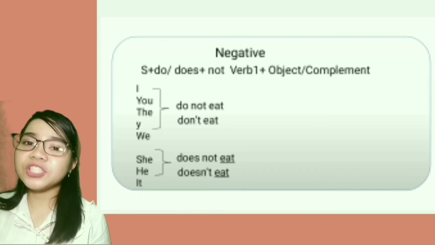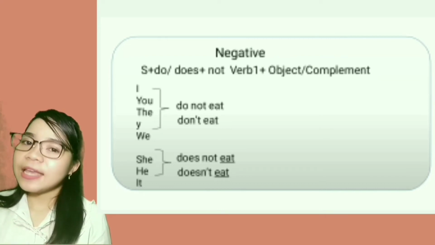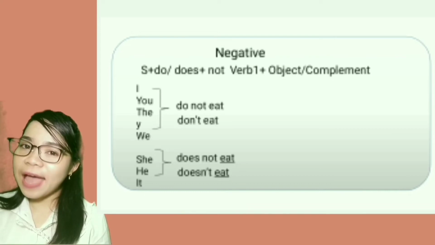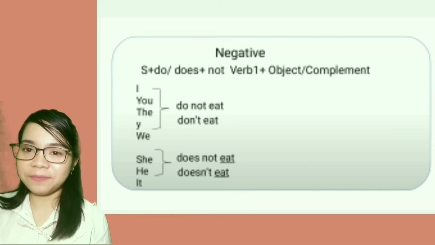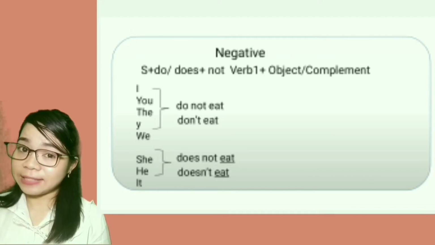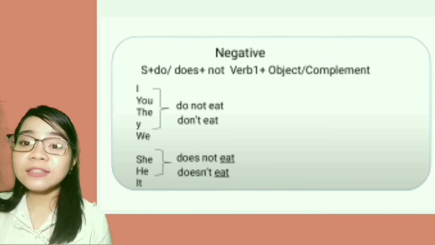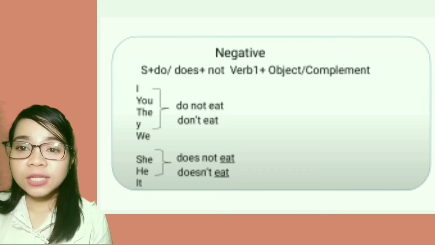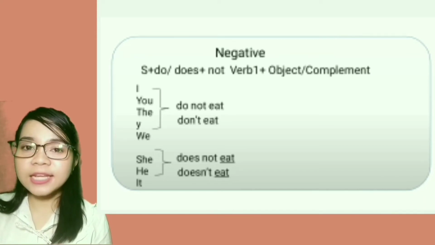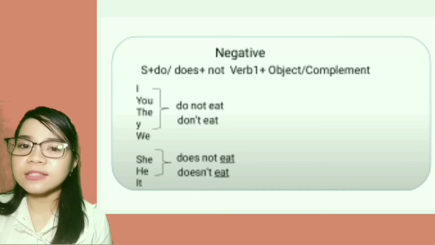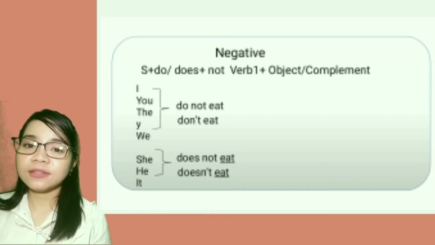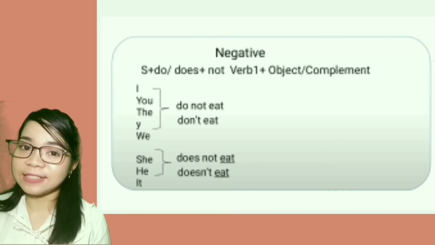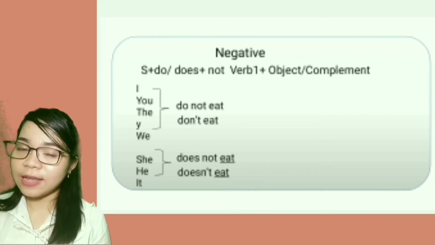But if the subject is she, he, it, in a positive sentence, you need to put s or es at the end of the verb. In negative, you have to use does not. She doesn't cook, he doesn't cook, he doesn't go, he doesn't eat. So you have to put doesn't and then verb 1.